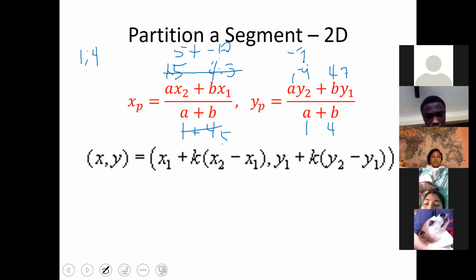And then 4 times 7 is 28. And this is 5. So that's 19 over 5. 19/5.